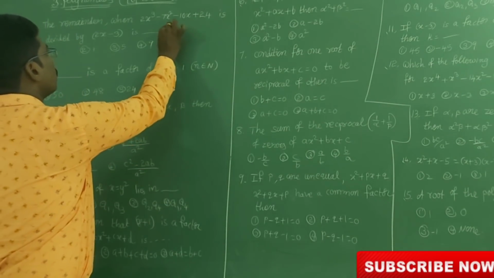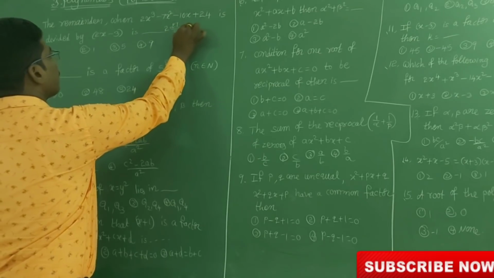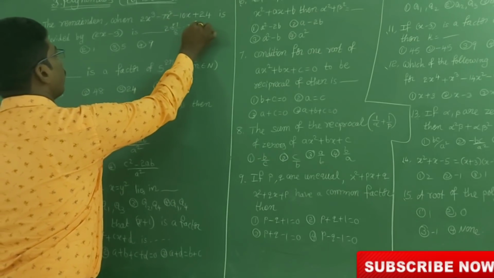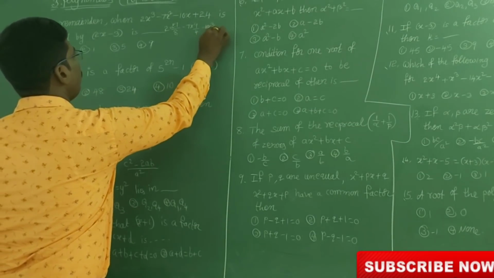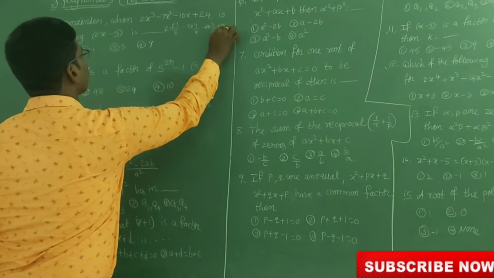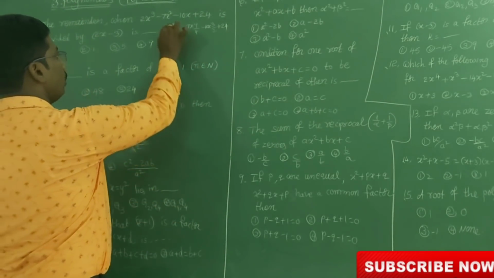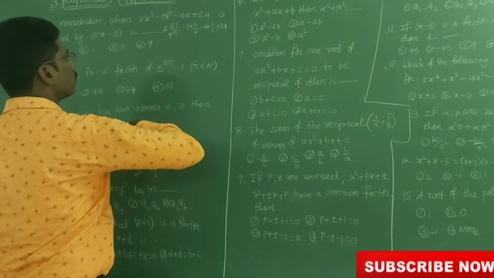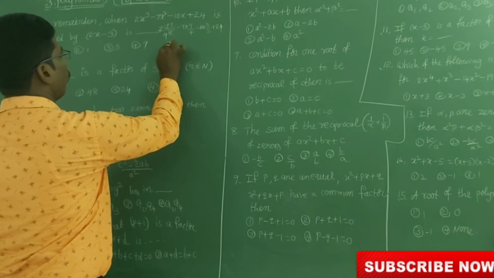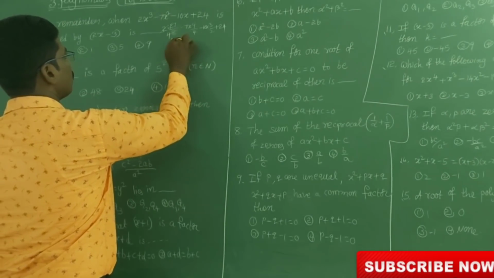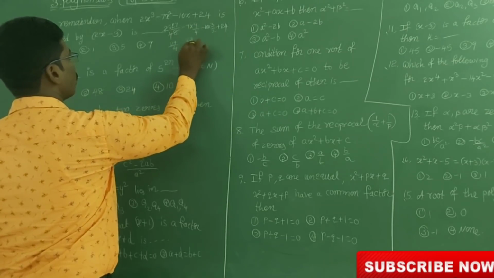Now 2 into 27 by 8, minus 7 into 9 by 4, minus 10 into 3 by 2, plus 24. If you solve this one, you will get the remainder. 2 ones are 2, 2 fours are 8, so this can be written as 27 by 4. 9 sevens are 63 by 4.